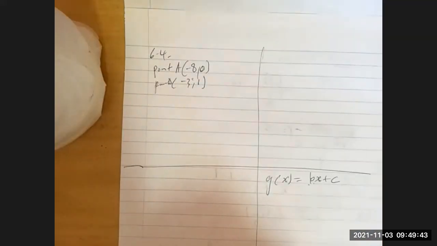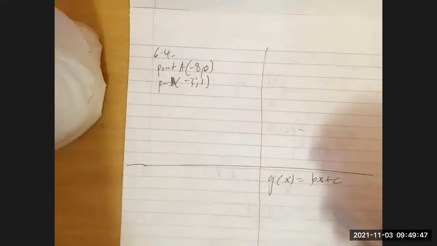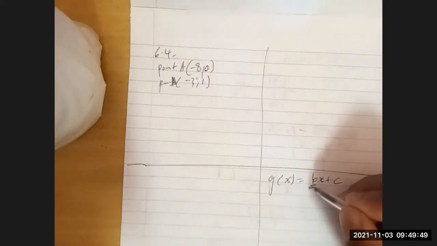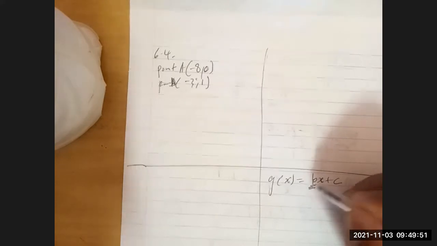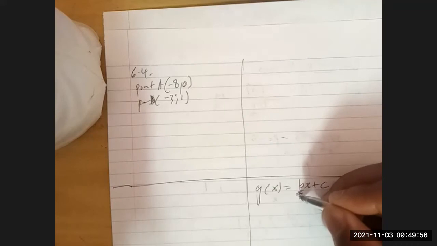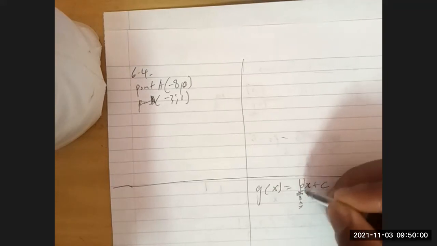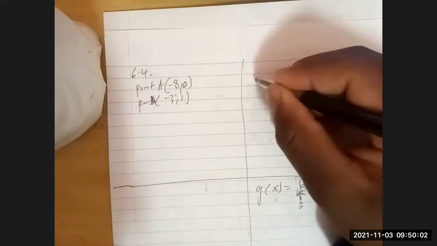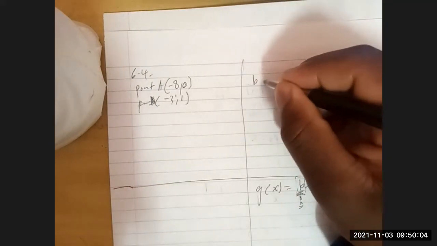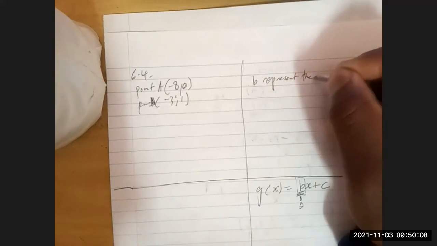What does B represent in this graph? Remember, they can put any other letter, they can put M. But what matters is B represents the gradient, right?